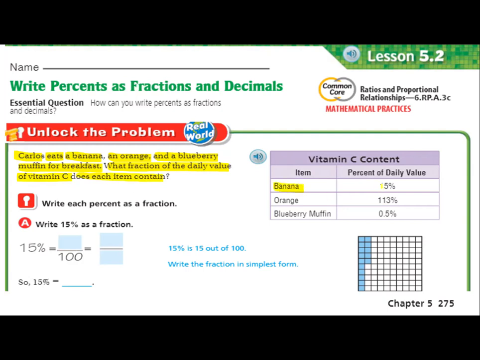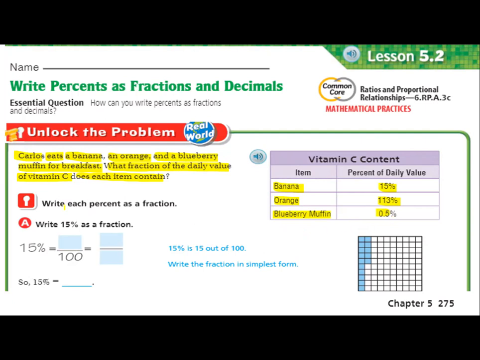Banana contains 15% of vitamin C. The orange, 113%. Blueberry muffin, 0.5%.